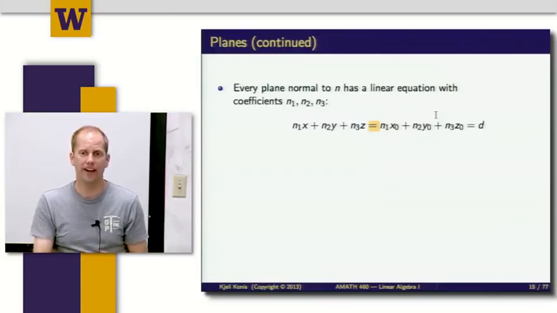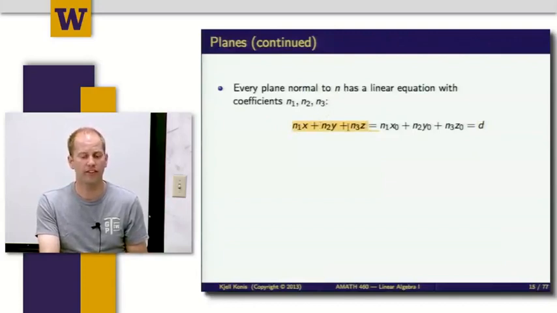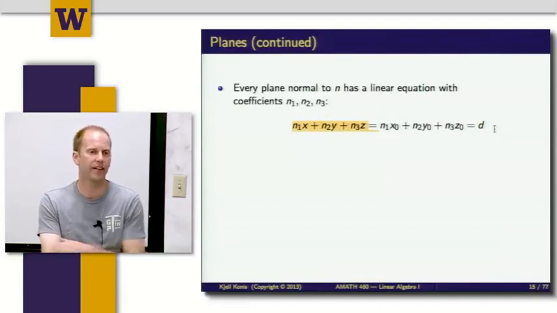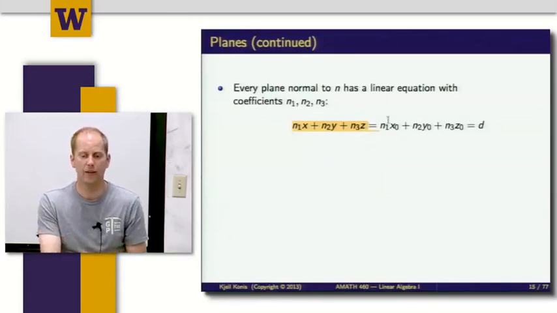The normal vector has to stay the same. So n dot x0, y0, z0 is just going to be some constant, which I call d. And so I end up with this equation: some coefficient times x plus some coefficient times y plus some coefficient times z is equal to d. So that's going to be the equation of a plane with normal vector n.